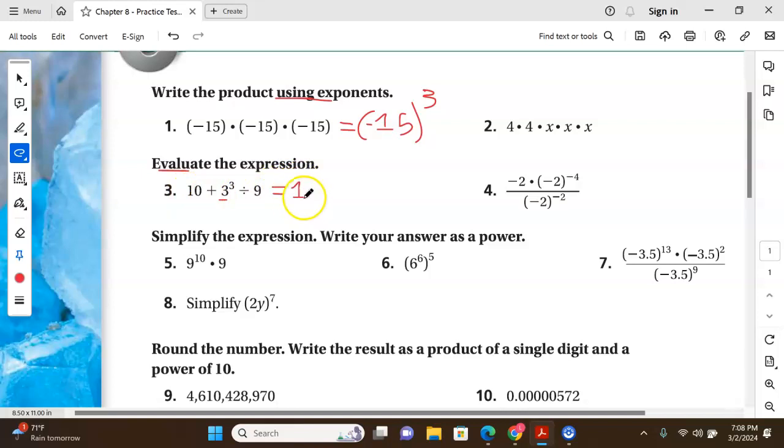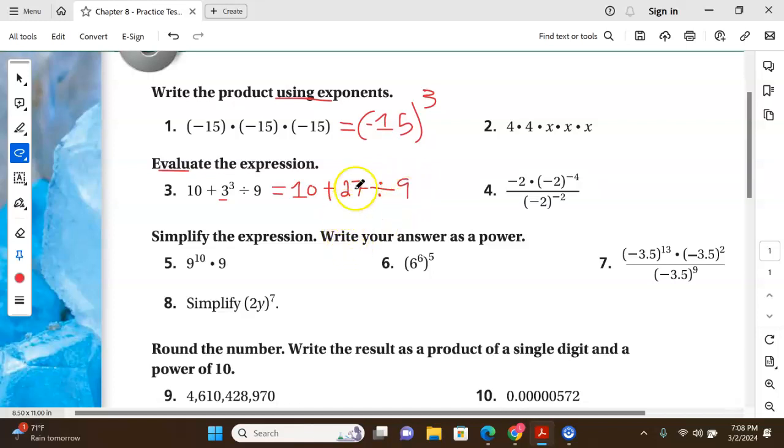You're going to leave the 10 alone for now, plus 3 to the third power. 3 to the third power means 3 times 3 times 3. 3 times 3 is 9. 9 times 3 is 27. So again, 3 to the third power is going to give you 27, divided by 9.